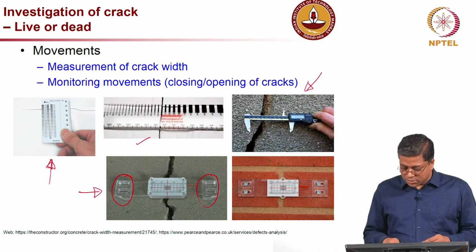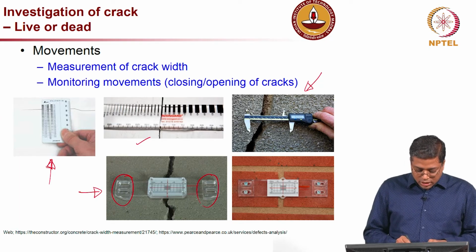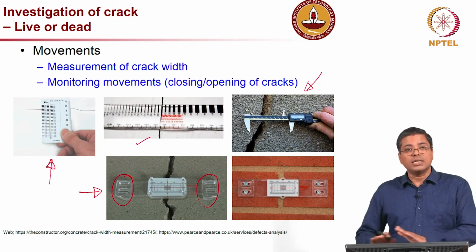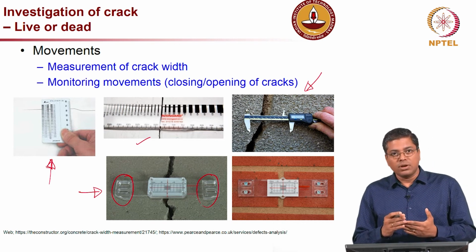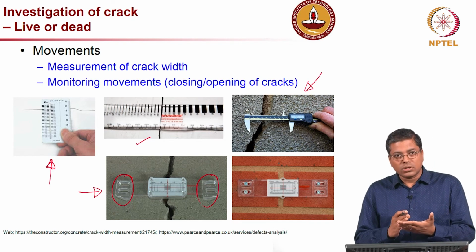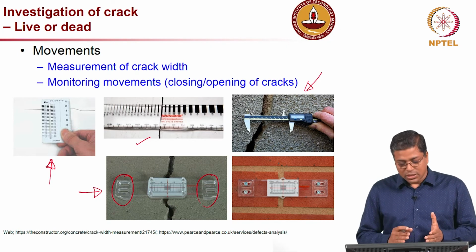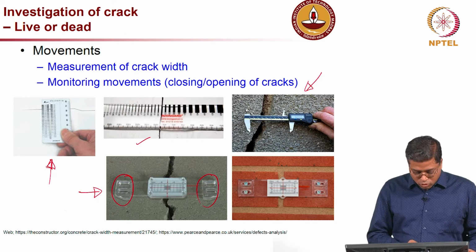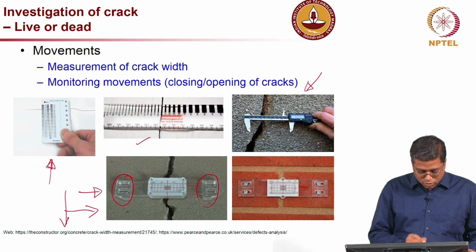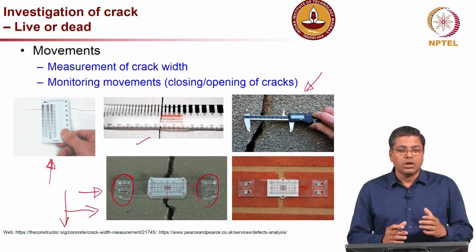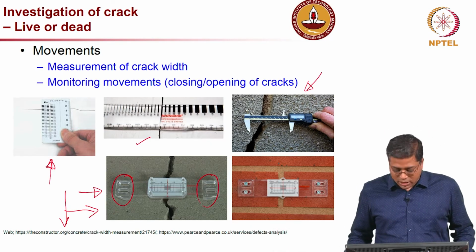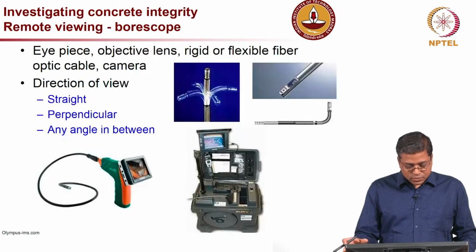Some systems come with the gauge fixed on one side, and the other side free to move. There are also gauges where you can look at movement in both perpendicular directions, let us say x and y, which will give you significant information on what type of damage mechanism or movements are happening in the structure.